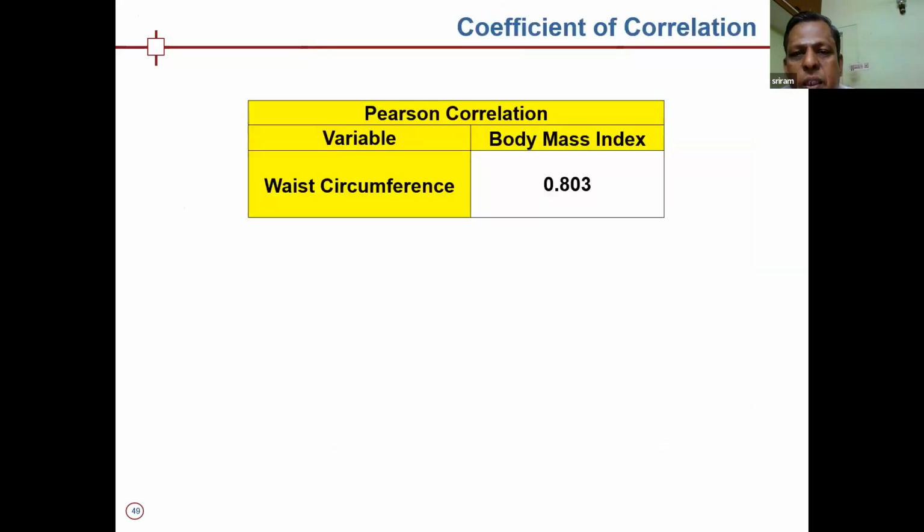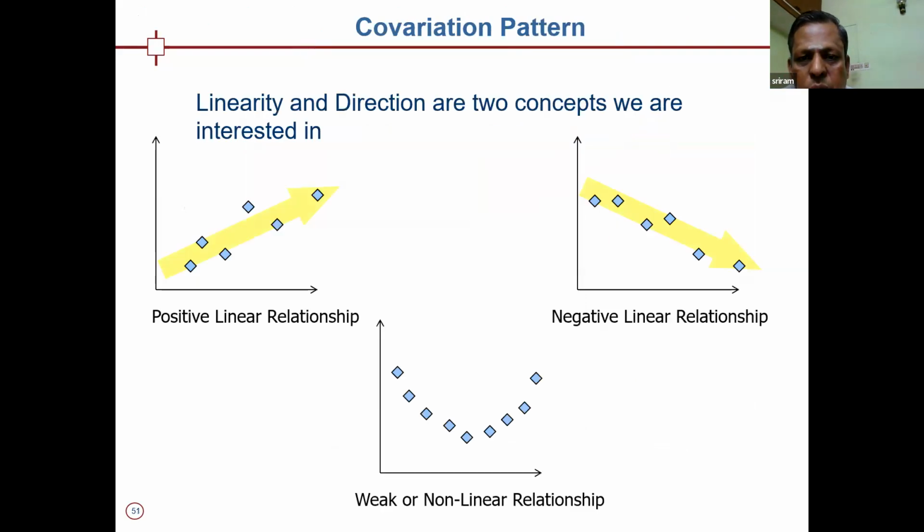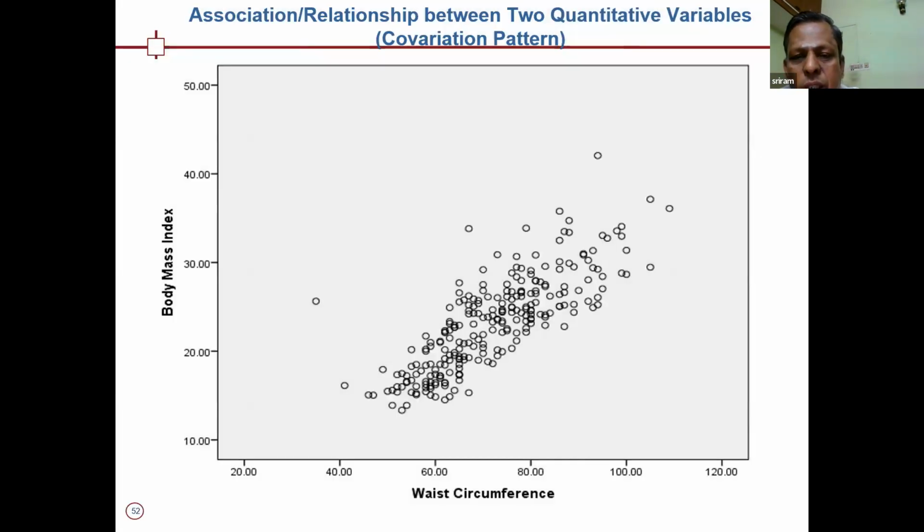And this is called Pearson correlation. I told you, both are quantitative variables, so you have to use a scatter plot. Here, the relationship between waist circumference and body mass index, you use a scatter plot.